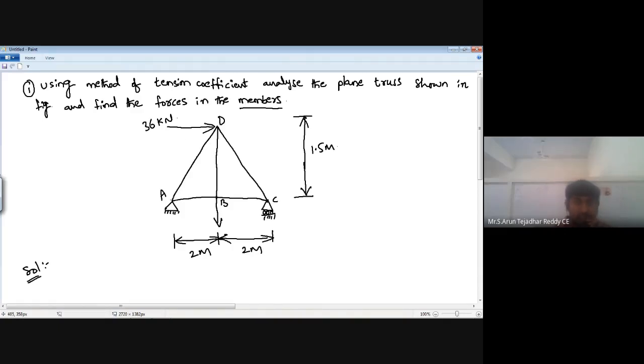That is A to B, B to C, C to D, B to D, and A to D. So totally 5 members are acting in this given truss, and we need to find all the forces in the members.